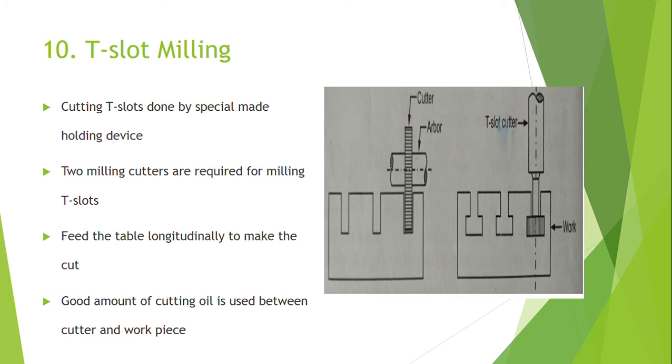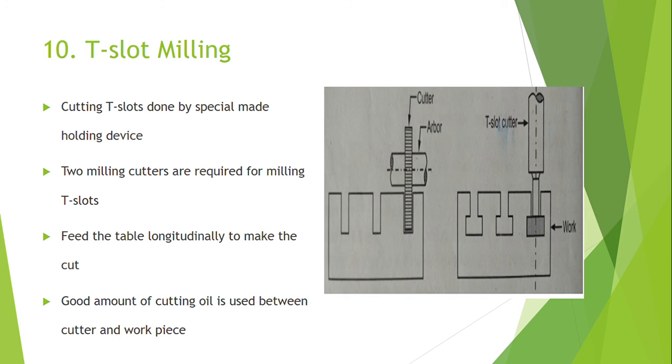The size of the T-slot depends upon the size of the T-slot bolts which will be used. Dimensions of T-slots and T-slot bolts are standardized for specific bolt diameters. 2 milling cutters are required for milling T-slots: a T-slot milling cutter, and either a side milling cutter or an end milling cutter.